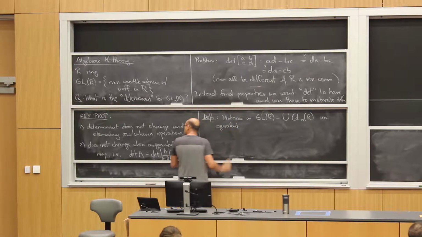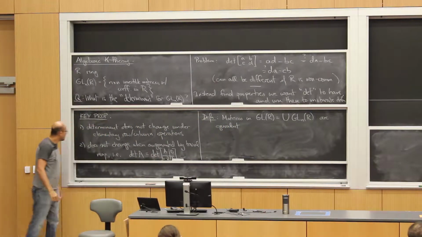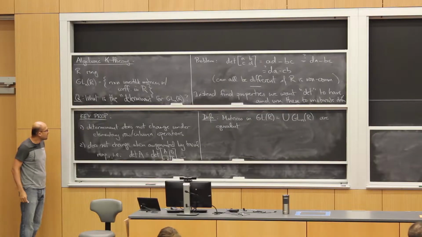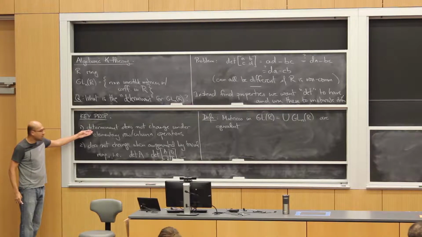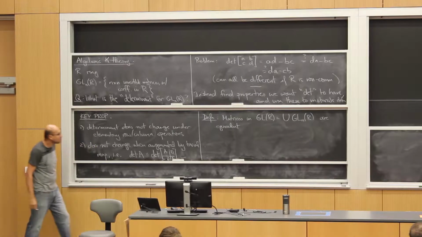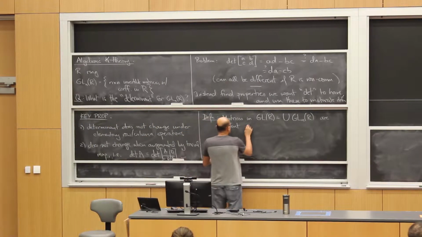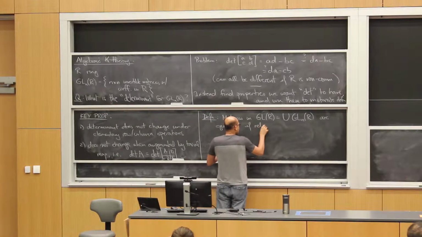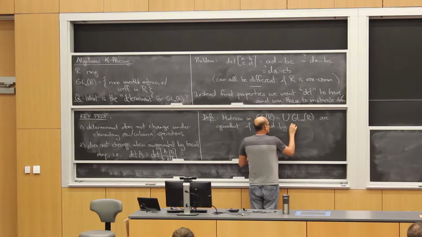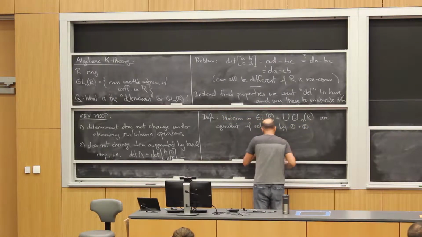So we're now defining an equivalence relation on this. And how are they going to be equivalent? Well, if they differ by elementary row operations or by augmentation, that is, if related by 1 and 2.